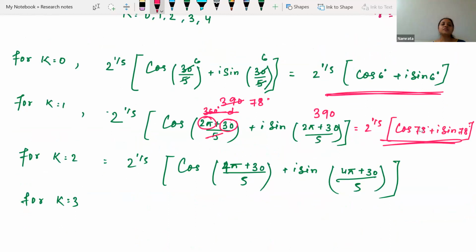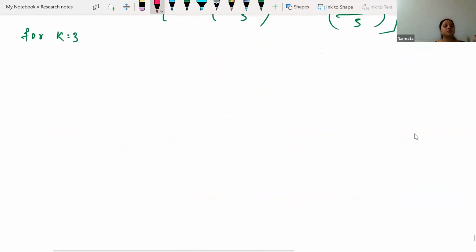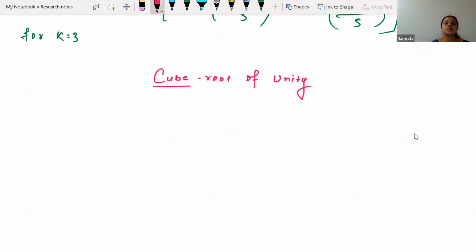Now like this only, we have a concept which is called cube root of unity. If you focus, cube root means cube root and unity means 1.